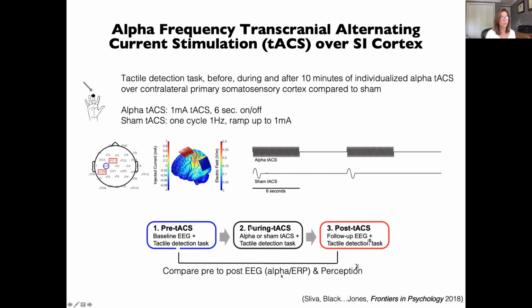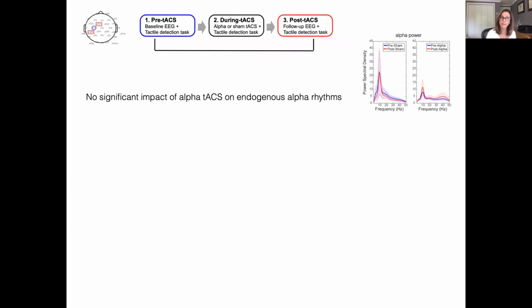And does that correspond to an inhibition of somatosensory perception? And it turned out with this experimental paradigm, we did not find a significant impact of alpha frequency current stimulation on alpha oscillations in somatosensory cortex.